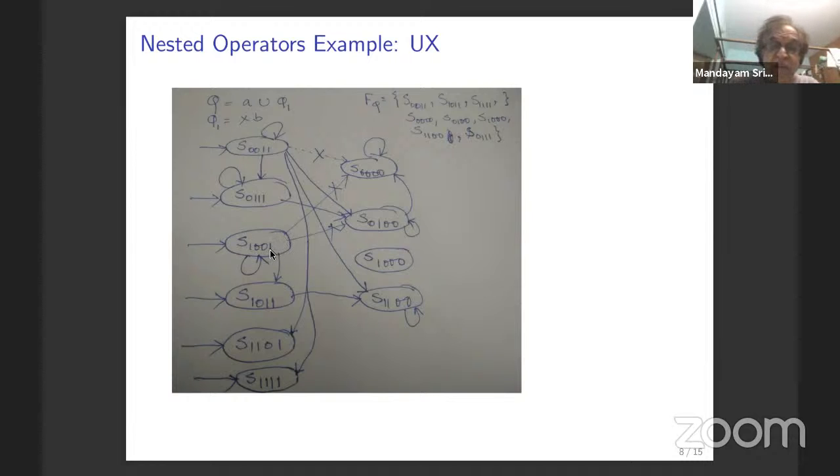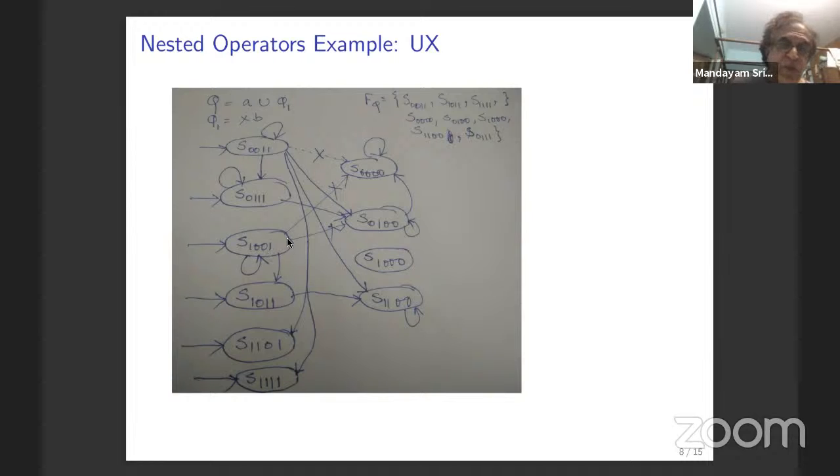So it is potentially true, whereas here in the 00011 state, phi 1 was definitely true. Whereas here it is meant to be true, but it is not yet true.